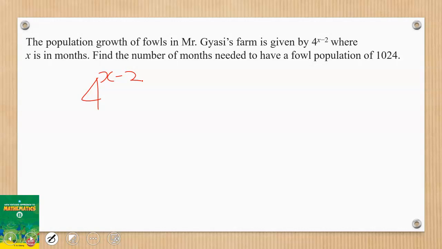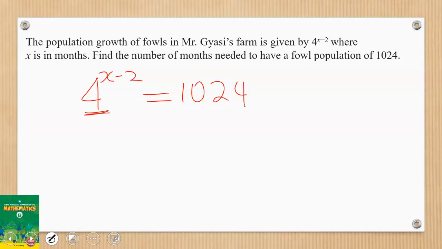Find the number of months needed to have a fowl population of 1024. So the growth of the fowl is equal to this. If you want to find the number of months, which is x, then we equate this to the total number, which is 1024.